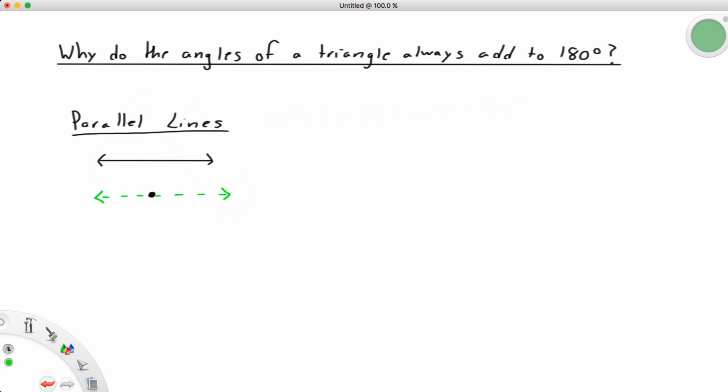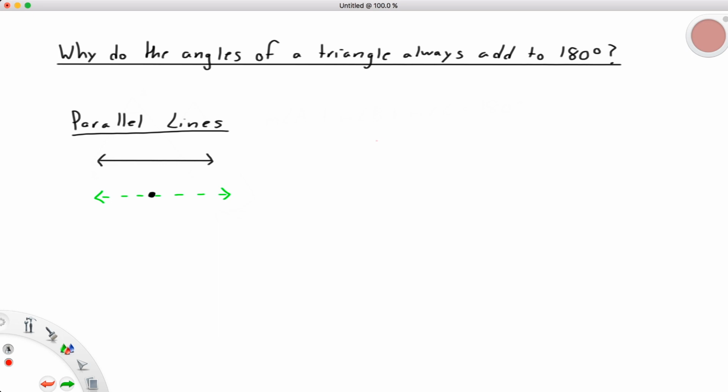So there is only one way we can draw this green dashed line through this point that is parallel to the black line, because at any other angle that I would draw this, it would at some point intersect, which means these are not actually parallel. We're going to rely on the uniqueness of this line.